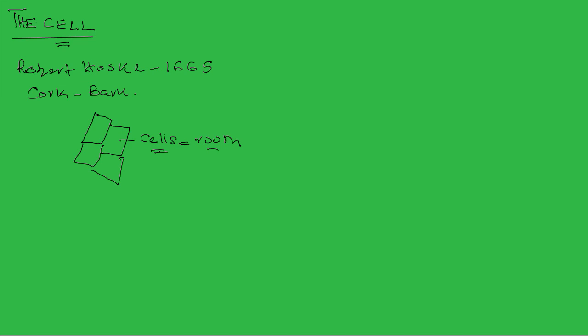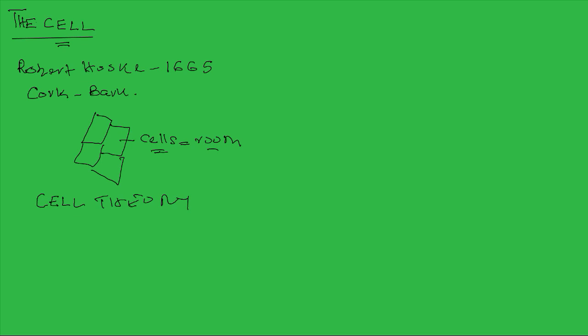This led to the formulation of the cell theory, which states that all living organisms are made up of cells. That is, any living organism has its body made up of cells.